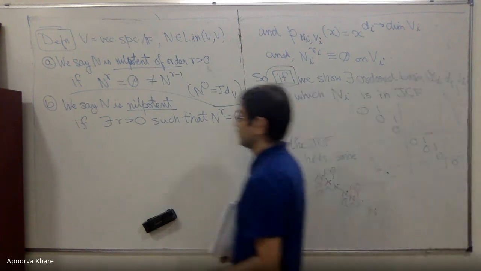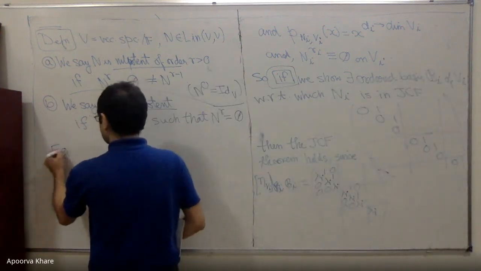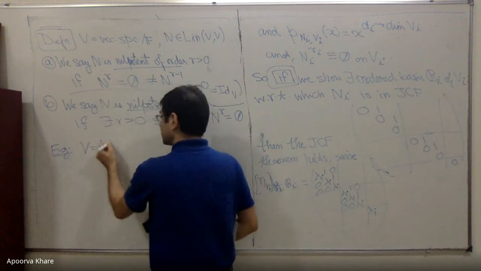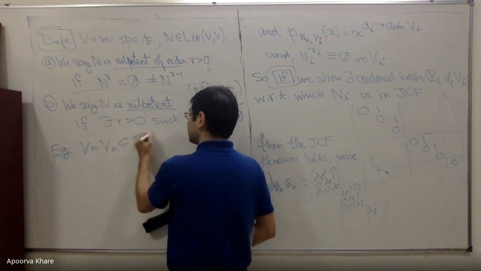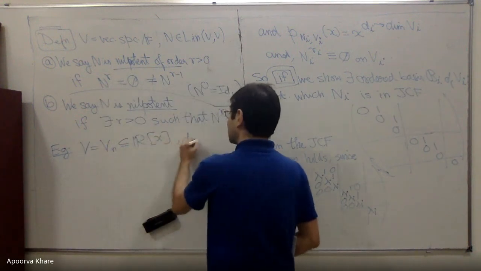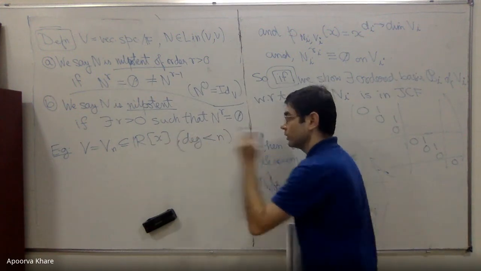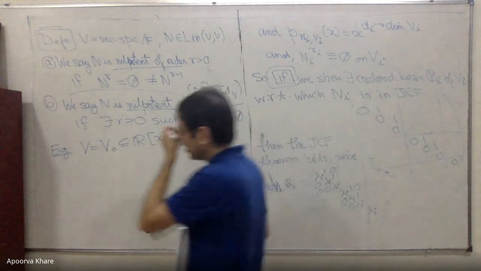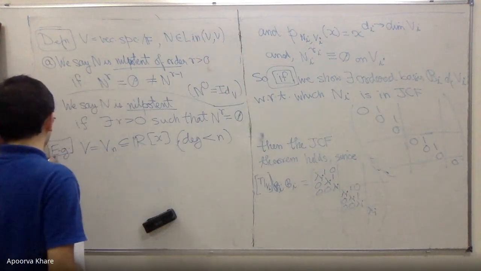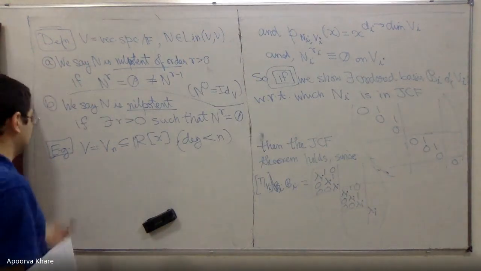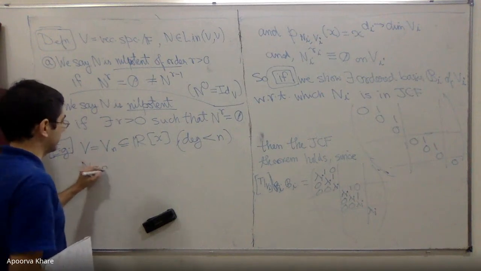Example. I had told you about the space of polynomials of degree at most n minus 1. That was the polynomials in x. On this set of polynomials, let N be the derivative map.